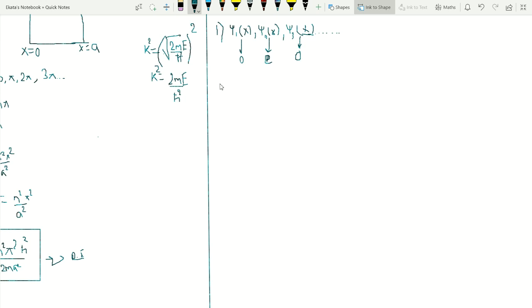So what's the second property of this particular wave function? The second property is that they are orthonormal.